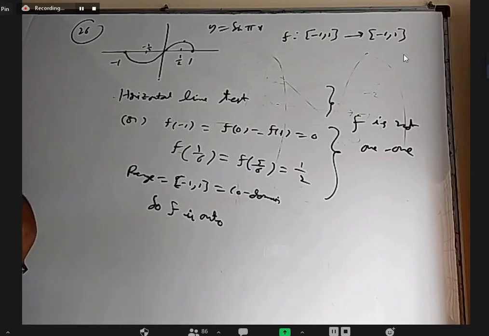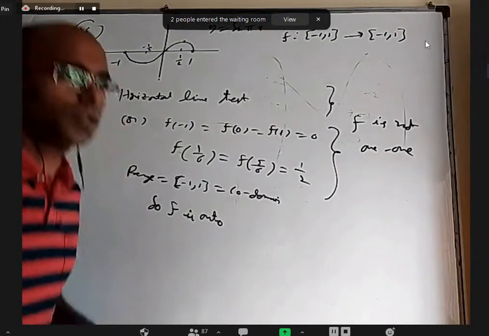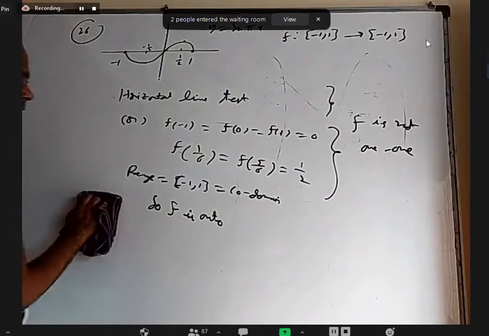All right. 28. Anybody has doubt? Sir. Okay. 28 is a straight line 1 plus 2x, but we have to carefully see the domain and the codomain part. It is not the full straight line, only a part of it.